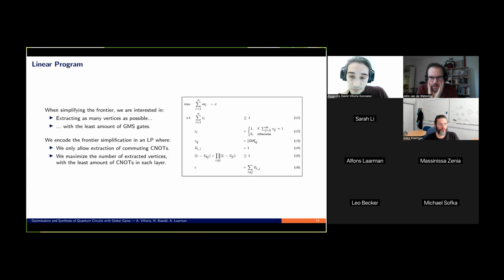And is that just to like incentivize having small GMS gates? Yes. Mm-hmm. So how long does this run on like if you have a couple of dozen qubits? So we ran through a few benchmarks, and I put a timeout of 15 minutes on my laptop to do the process, and it works quite well.